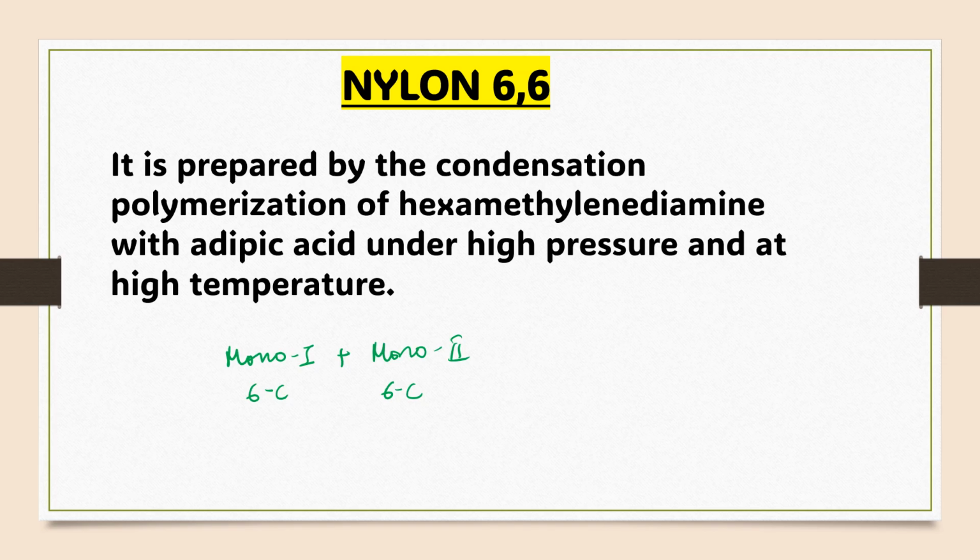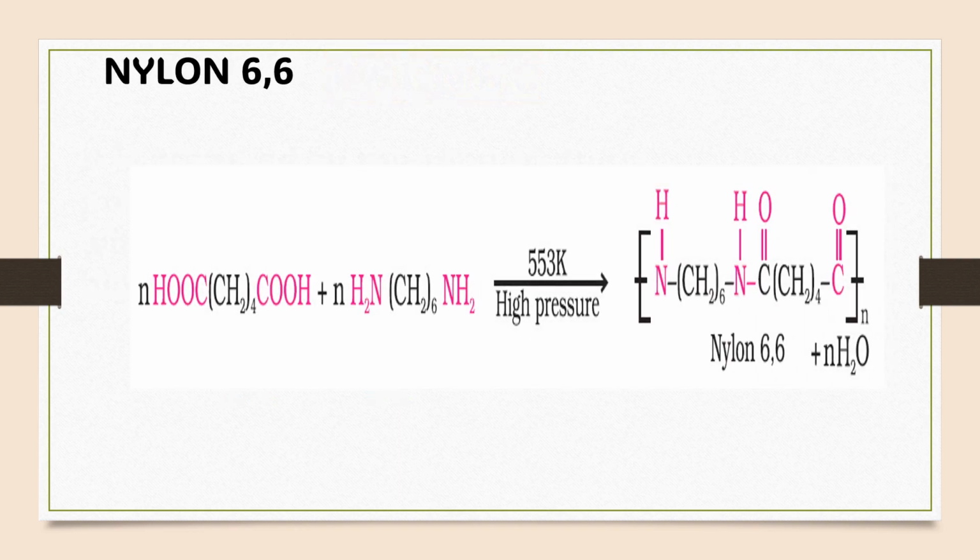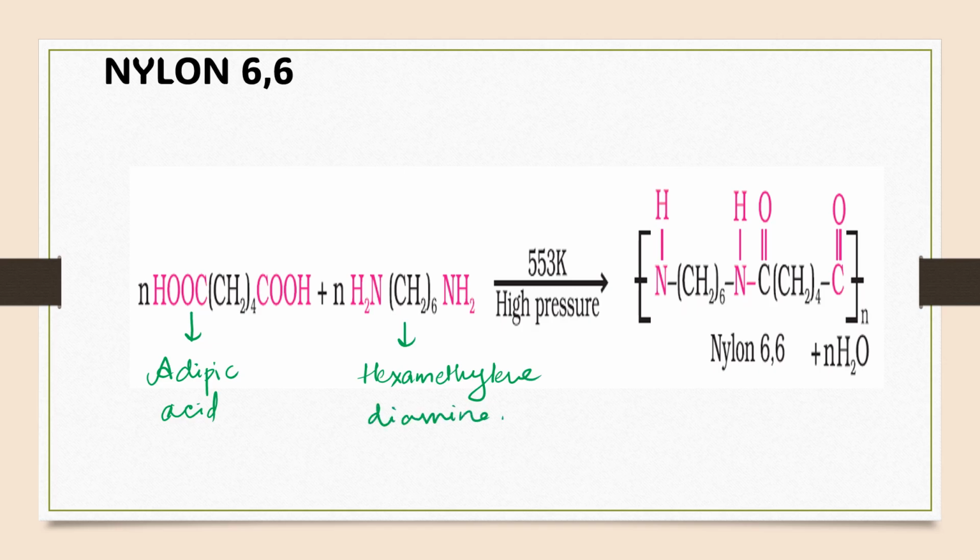What are the constituents of nylon 66? First is adipic acid. 6 carbon atoms are present in this adipic acid. And this is hexamethylene diamine.